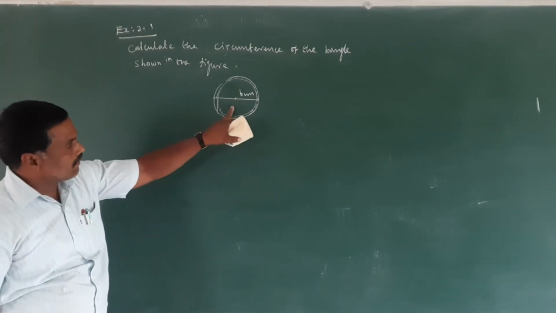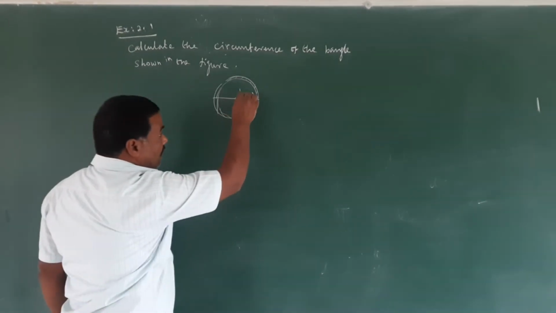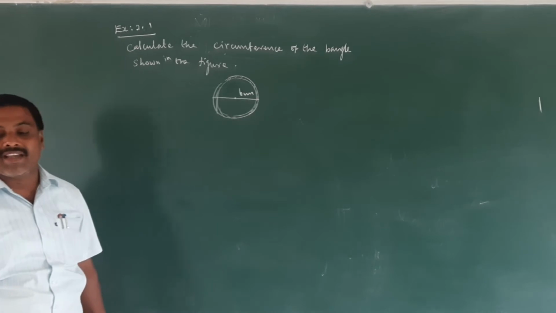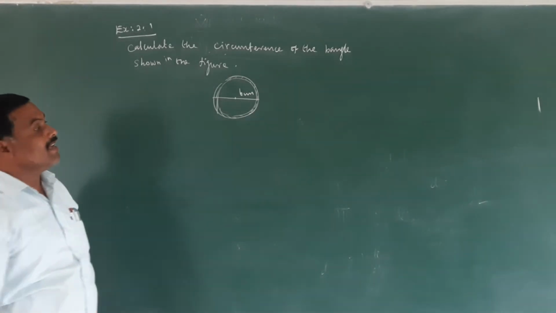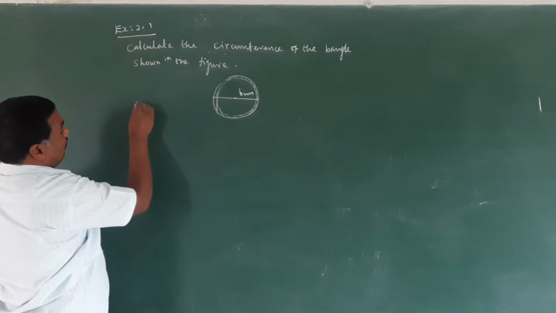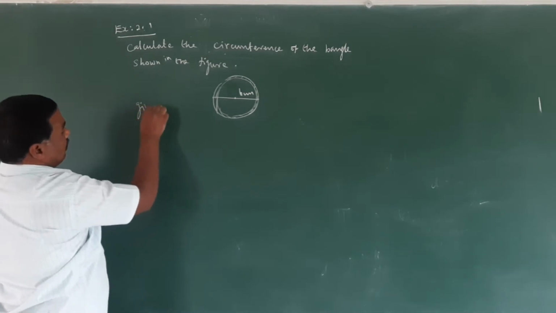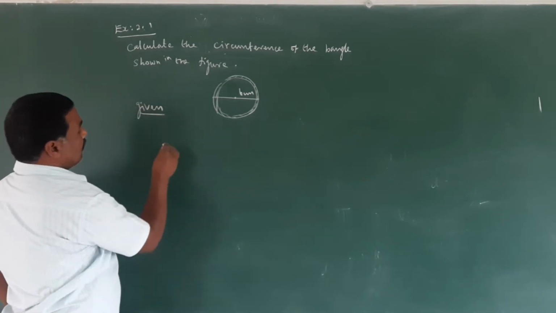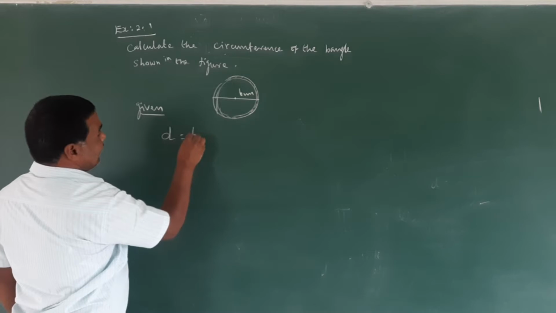Now, in the diagram, what value is given? The diameter is given: d equals 6 centimeter.